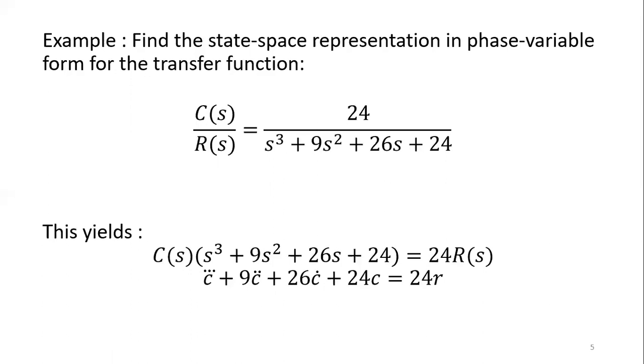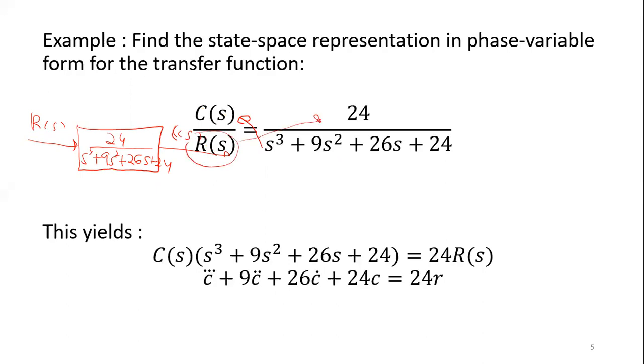In a block diagram, you have a transfer function, 24 over s cubed plus 9s squared plus 26s plus 24, with an input R(s) and an output C(s). The first step is we cross multiply. The output signal C(s) is multiplied by s cubed, and the input signal R(s) is multiplied by 24.